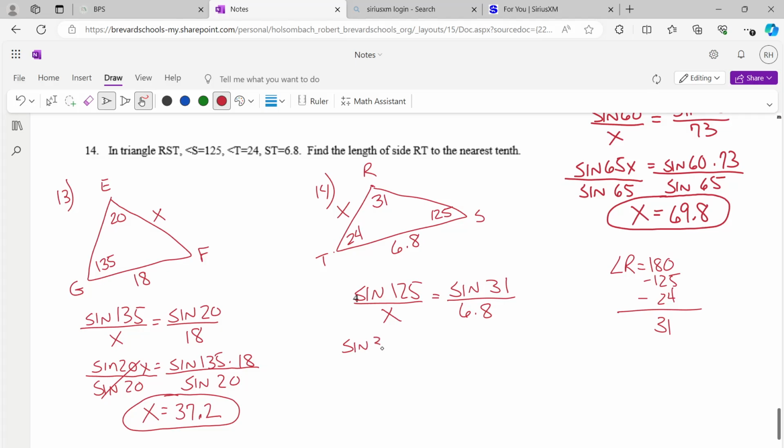So sine 31 times x is equal to sine 125 times 6.8. Going to divide each side by sine 31. The sine 31s cancel, our x comes down, and I got 125 sine times 6.8 divided by 31 sine, and I get 10.8.